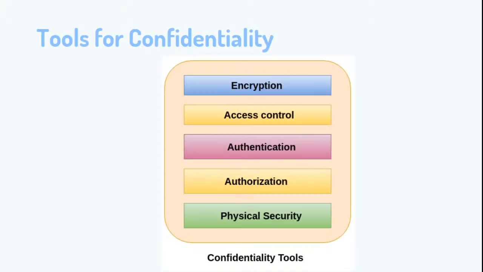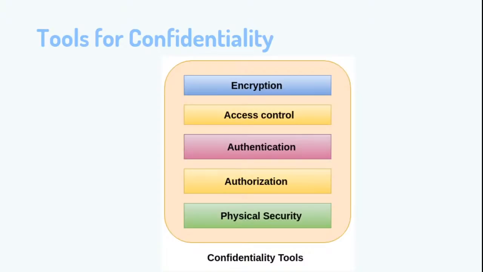Next one is physical security. Physical security is nothing but designed to deny unauthorized access. Deny unauthorized access means that if you do not properly type the password of the root user, it will deny the next steps.